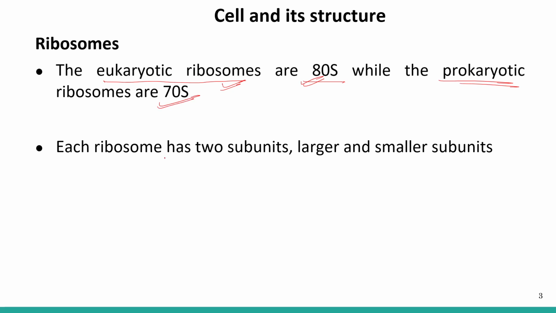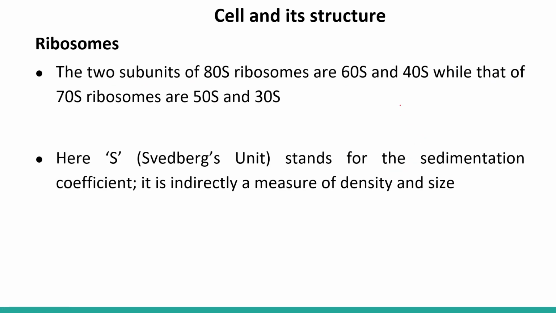Each ribosome has two subunits, a larger and a smaller subunit. We can see that they are made up of two subunits. Here is the 80S ribosome.